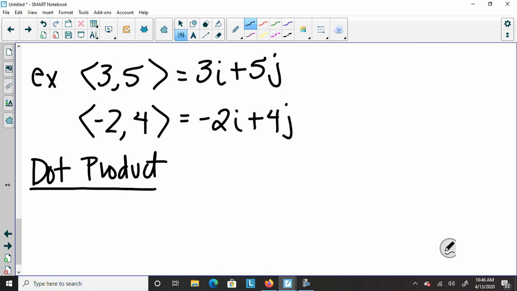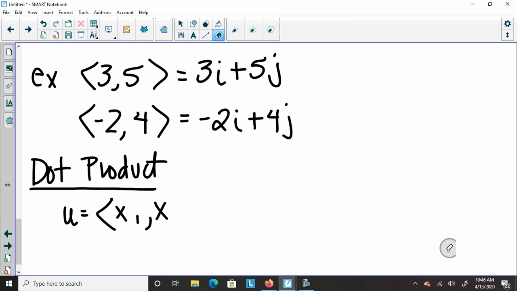We're not going to do the cross product in pre-cal. You'll do that in physics or when you go to college and you do sciences and stuff. But we are going to do the dot product, and the dot product can tell us pretty easily if 2 vectors are perpendicular. So if you've got our first vector, let's say, we'll just name it x1, y1.